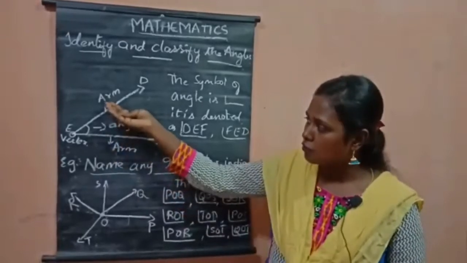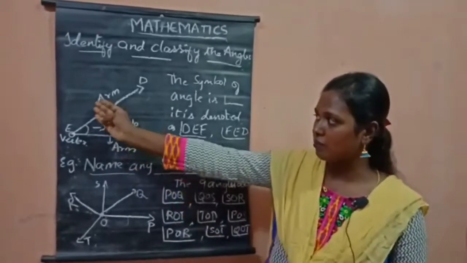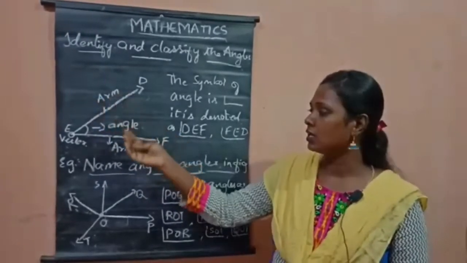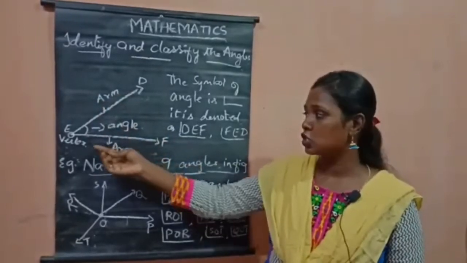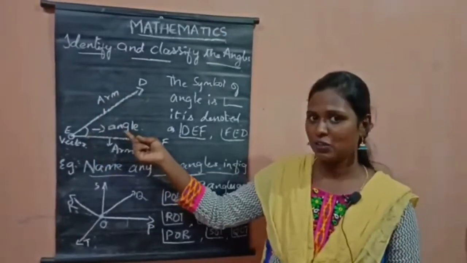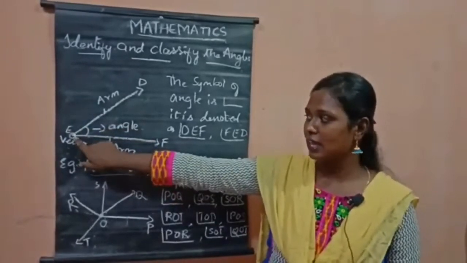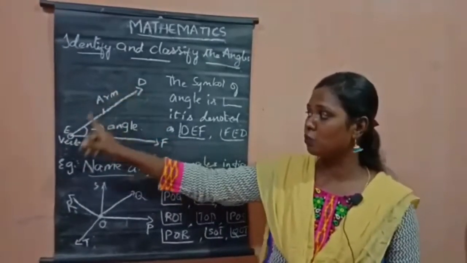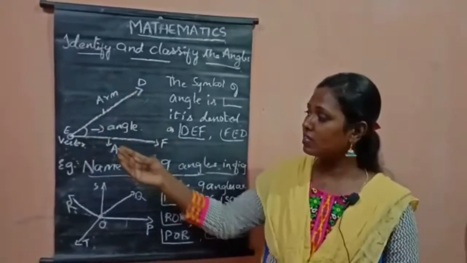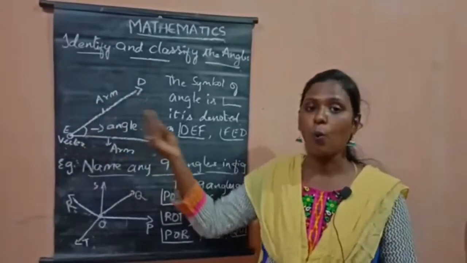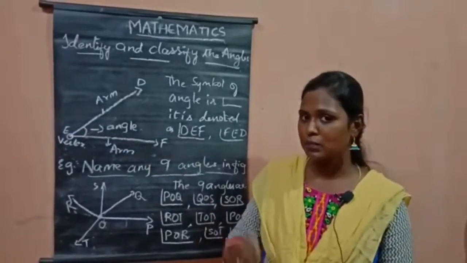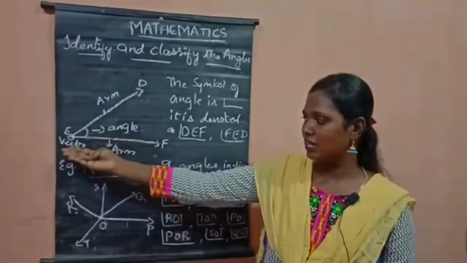It consists of two arms. Here is one arm, here is another arm, and the middle is the angle. This is a common point for both arms, which is also called the vertex.